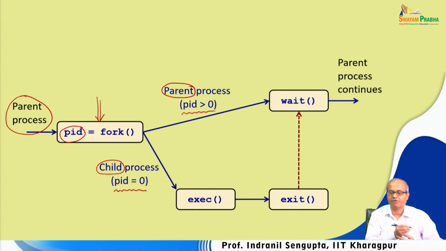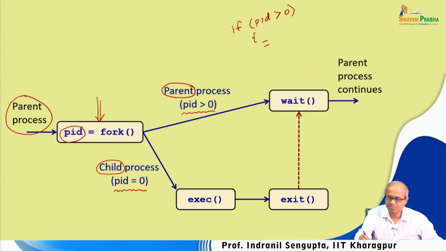So, after fork, if you just write a statement like this, if PID is greater than 0, PID greater than 0 means it is the parent process. Then you write some code, this is for your parent process.